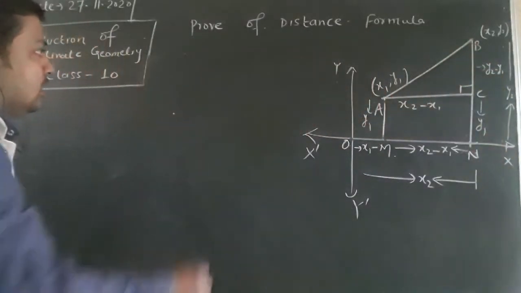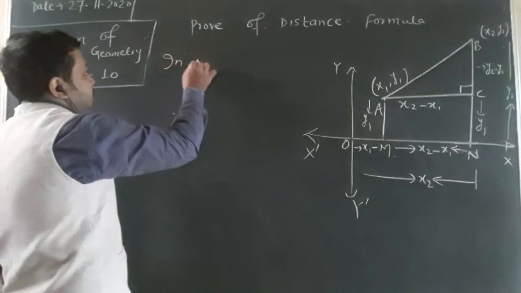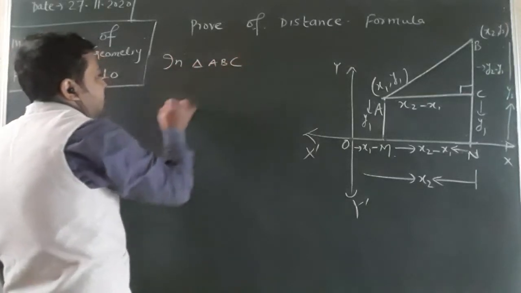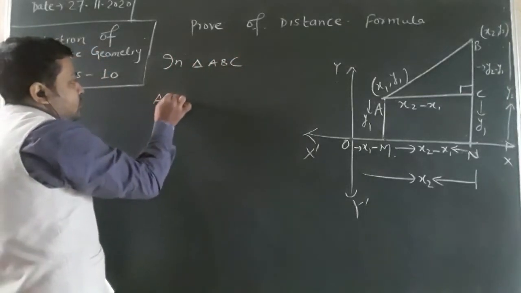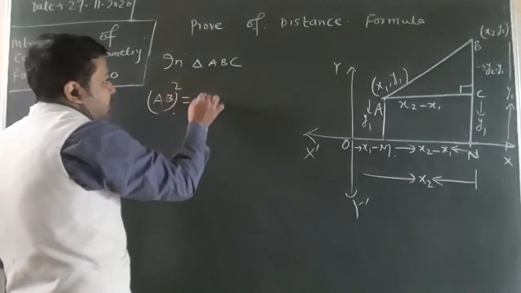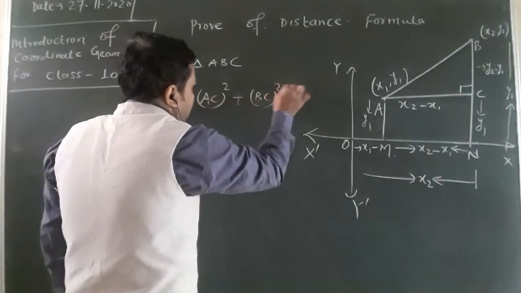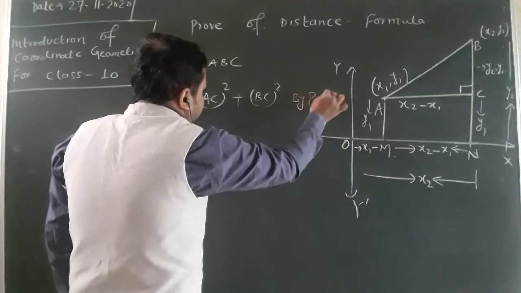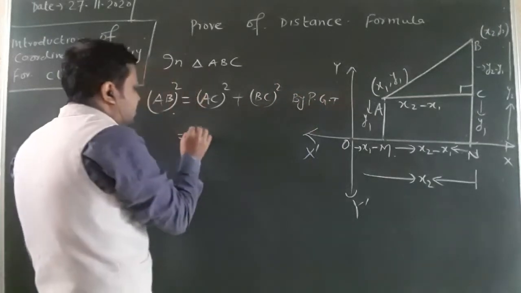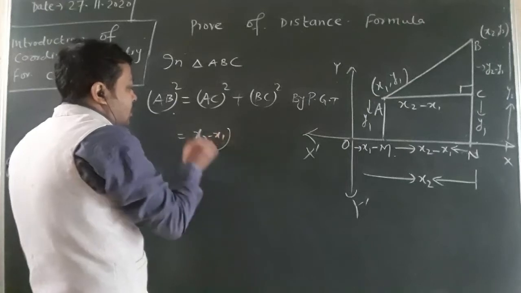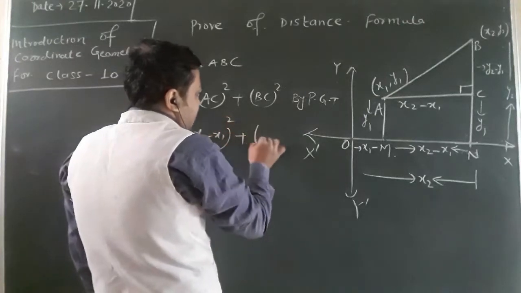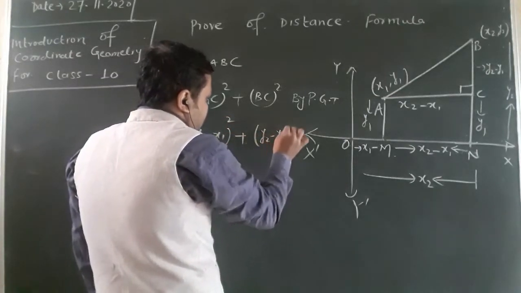In triangle ABC, use the Pythagoras theorem. AB square will be AC square plus BC square. Now put the value of AC, that is x2 minus x1 whole square, and BC, that is y2 minus y1 whole square.